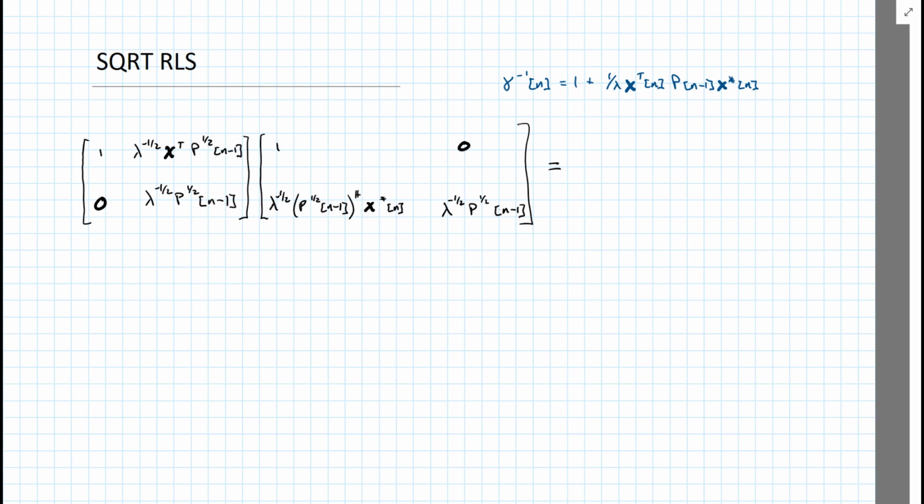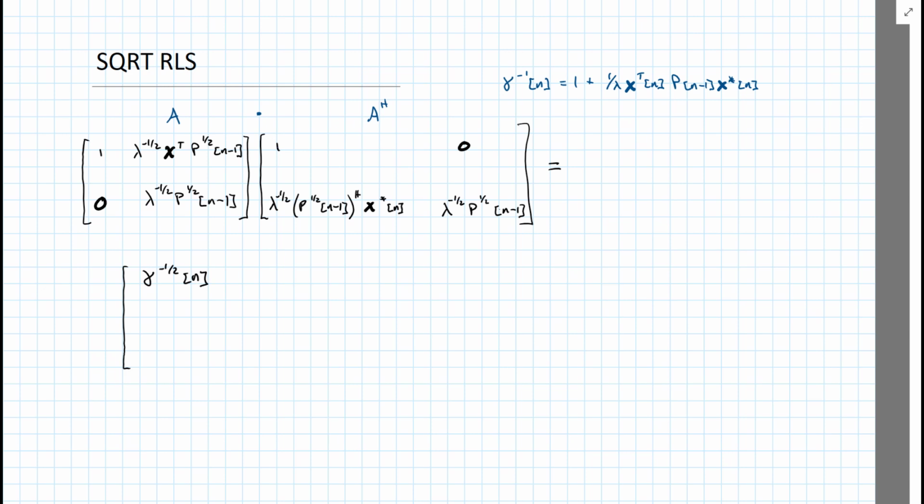Okay, so I've copied down our A and A Hermitian for reference, and I've also copied down for reference our definition of gamma to the -1. And I'm going to do the hard work. Actually, it was done in the textbook. The hard work is just understanding what the textbook is saying.